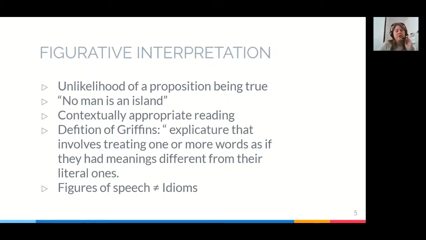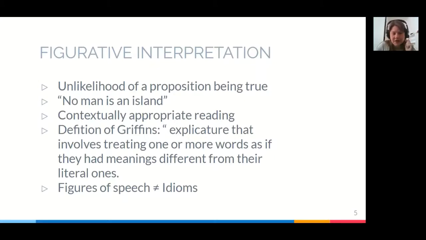And you can also think of the figurative interpretation that a man is not an island because a man needs other people. We are sociable creatures. So this is the figurative interpretation. So this is a test that doesn't work when we are going to interpret figuratively.